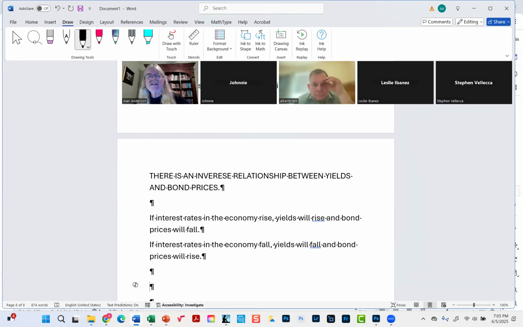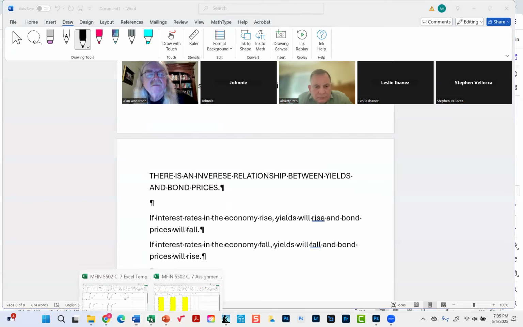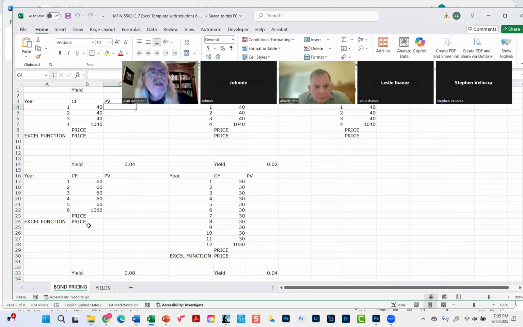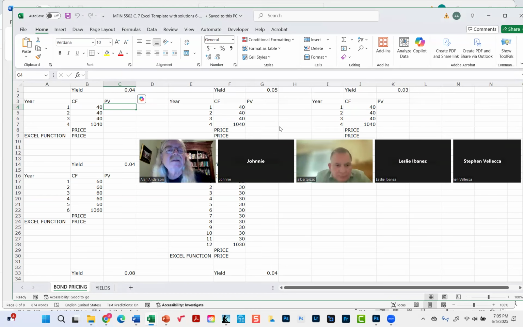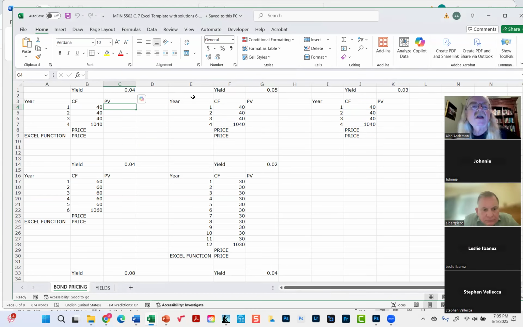And now we're going to check this out with our first example in Excel. If you open that up, under the tab bond pricing, you'll see, well, it just happens to be the same bond. And you'll notice that across the top, we have yields of 4, 5, and 3%.